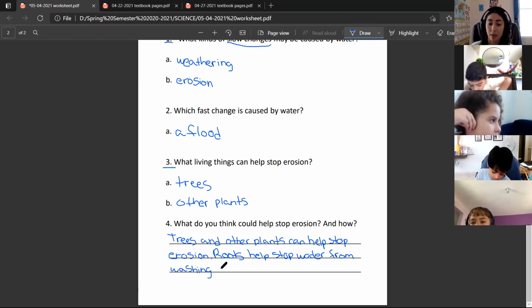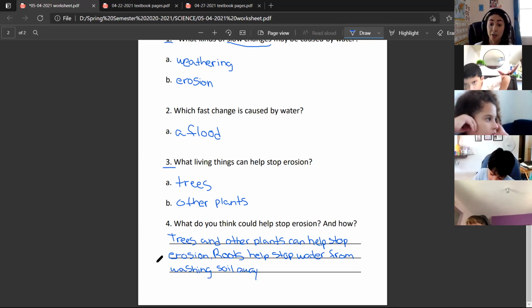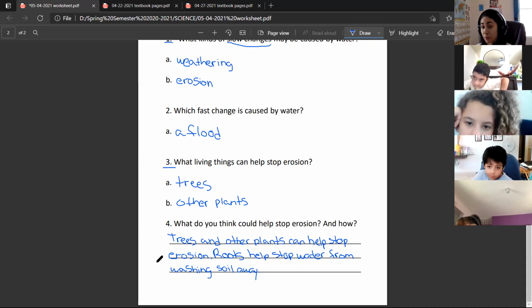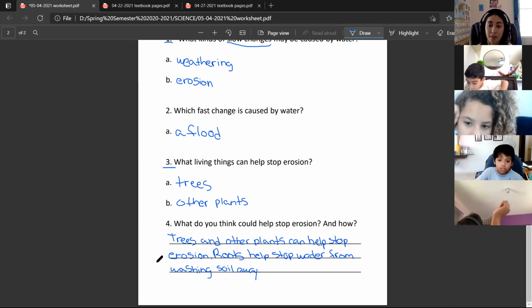The roots help stop water from washing soil away because the roots are going to absorb the water. But the roots of the trees, they help, but they're not the only things that help. Branches and leaves also help stop erosion.